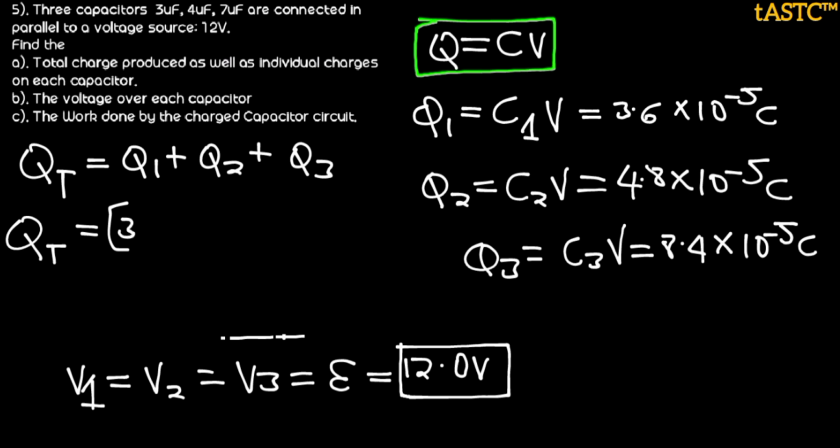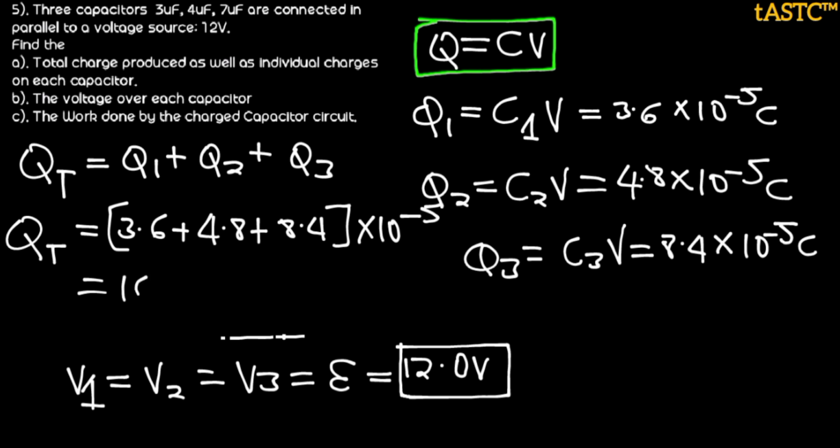So that is 3.6 plus 4.8 plus 8.4, which is 16.8 multiplied by 10 to the negative 5.